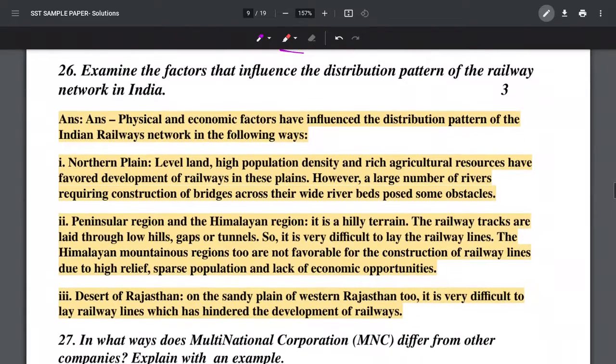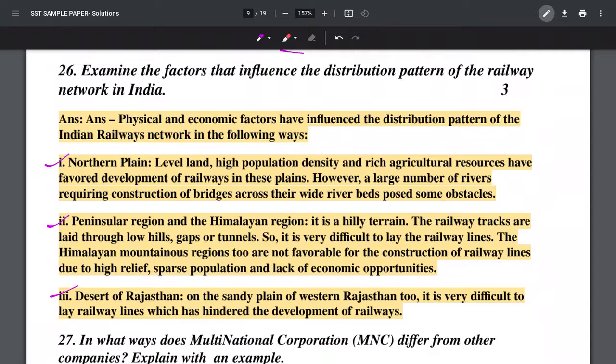Next question is: examine the factors that influence the distribution pattern of the railway network in India. So I have to tell about the influence. First one, physical and economic factors have influenced the distribution pattern of the Indian railway network in the following ways. How? First one, northern plains, peninsular region, and desert of Rajasthan.